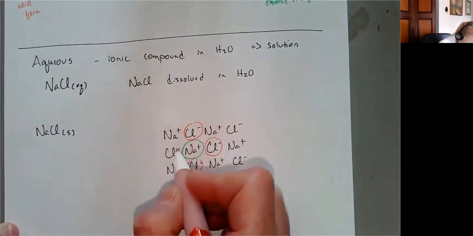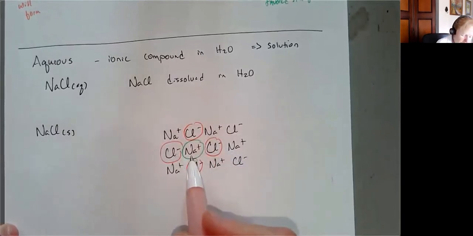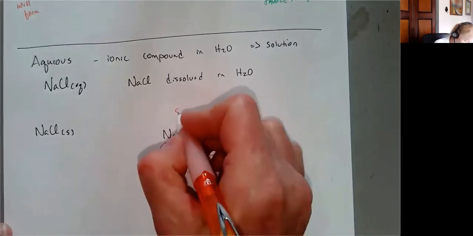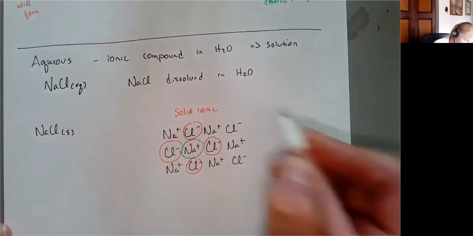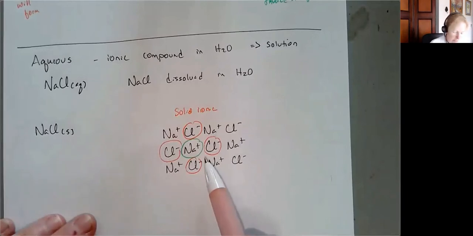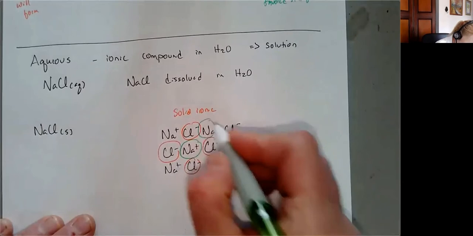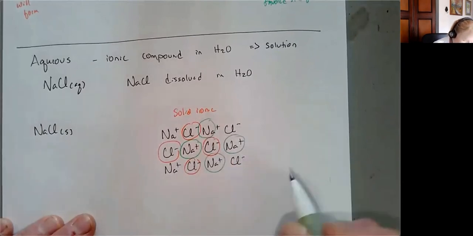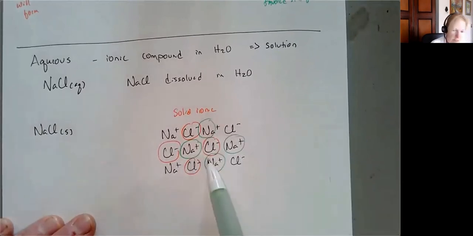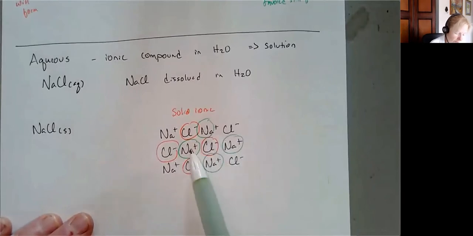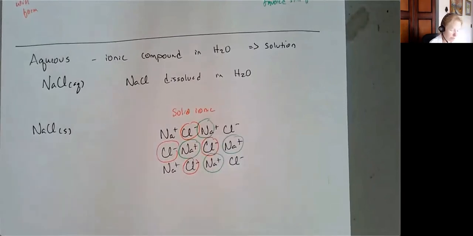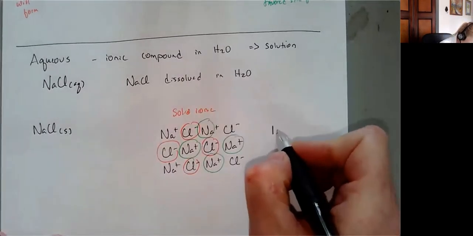And so it's no longer just a one-to-one association. When you form this solid ionic compound, you have this uber stability because each of these sodium ions feels an electrostatic attraction to the negative chloride ions. Each of these chloride ions is surrounded by sodium ions, and so it's feeling the electrostatic attraction to each of these sodium ions, and that adds some stability, and we call that the lattice energy.